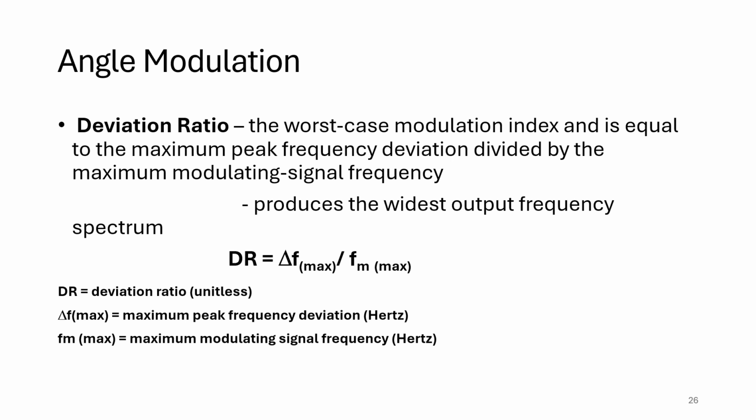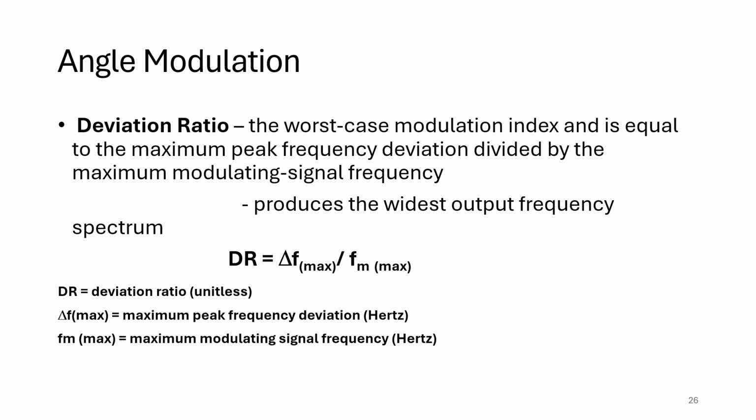Then we have another term here. So what is our other term? We have here the deviation ratio. The deviation ratio is the worst case modulation index and is equal to the maximum peak frequency deviation divided by the maximum modulating signal frequency.